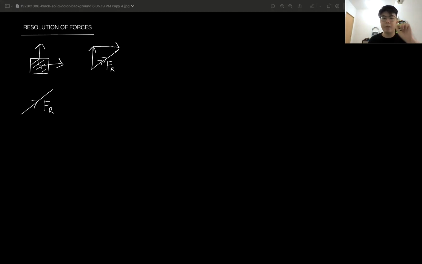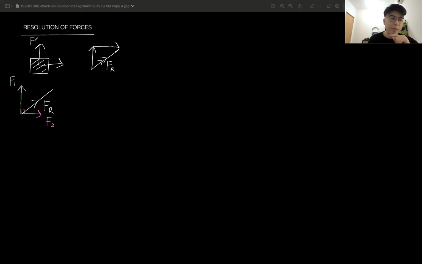I can break it down into a vertical force, let's call this F1, and I can break it down into another force, F2, a horizontal force. And these two forces are perpendicular. That means if I break this down, I get two perpendicular forces that must be 90 degrees to each other.